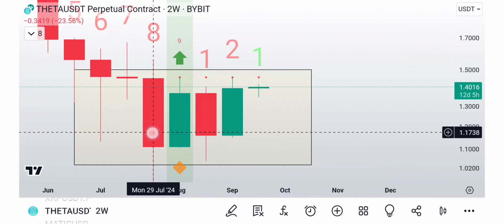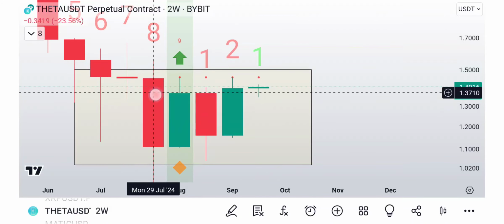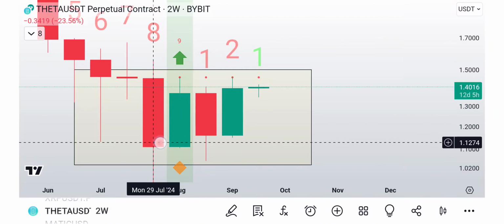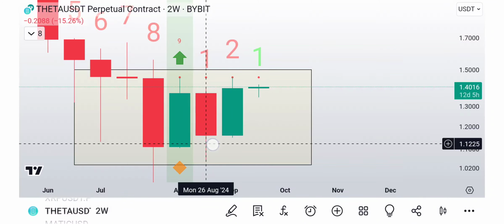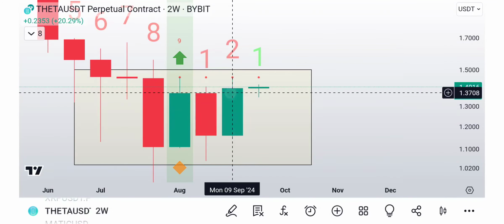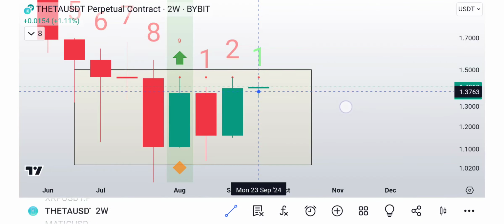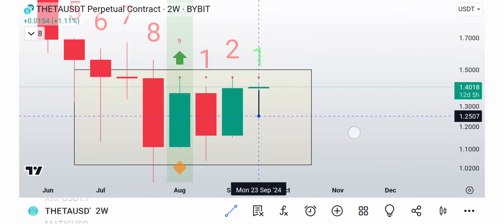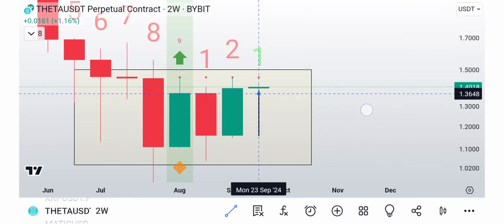Now, what is misplaced here? You can see red, green, right? You can see that when this candle came down, it retraced it. When this candle came up, it retraced it. When this candle was down, this candle retraced it back to the upside. So we could see a wick all the way down here to the bottom, around $1.15, right?